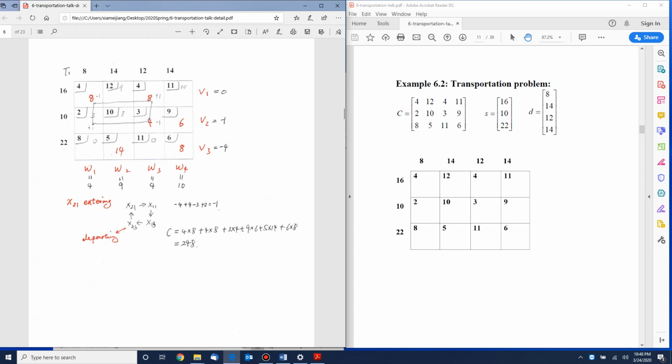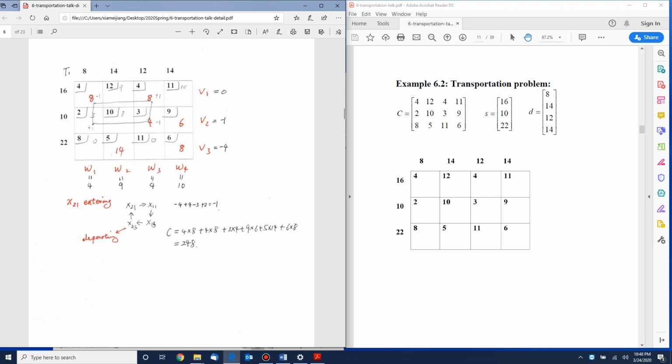When we finish tableau 1, what we need to do is repeat the way to find the entering variable and departing variable, right? So first find the values for the dual variables.